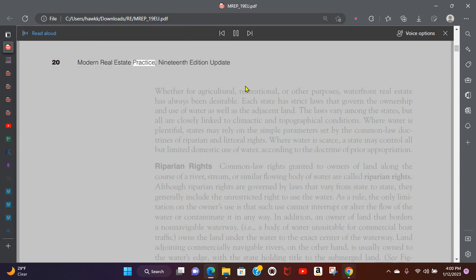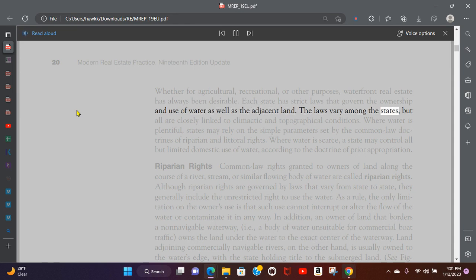Modern Real Estate Practice, 19th edition update. Whether for agricultural, recreational, or other purposes, waterfront real estate has always been desirable. Each state has strict laws that govern the ownership and use of water as well as the adjacent land.